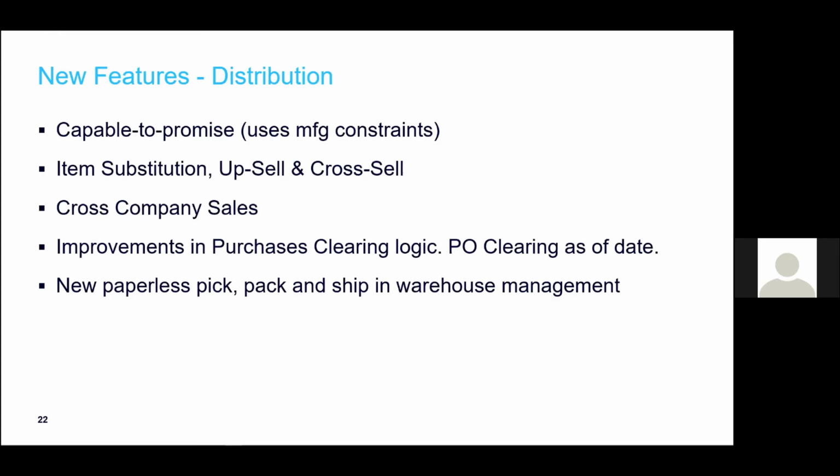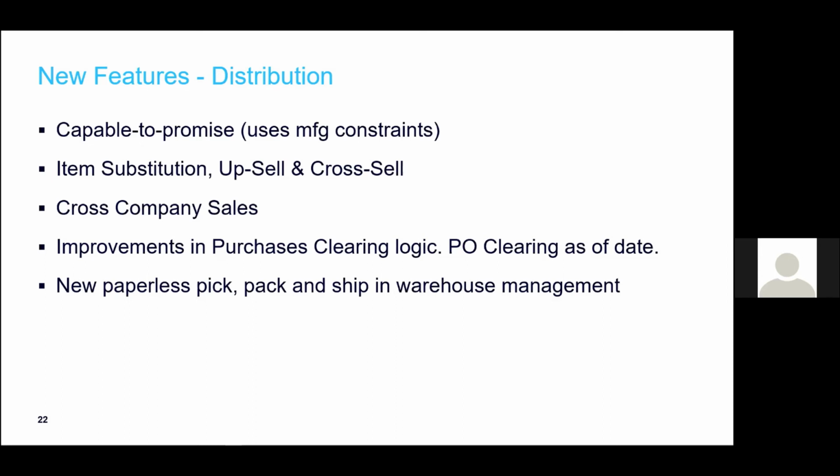And there's really two scenarios where that comes into play. One is I'm out of item A, but a perfectly good substitution would be item B. Or the other scenario is, hey, I just sold you item A, but I think that when you buy item A, you might be interested in buying item B, C, and D. So one is considered a substitution, the other one is kind of an upsell or a cross-sell.